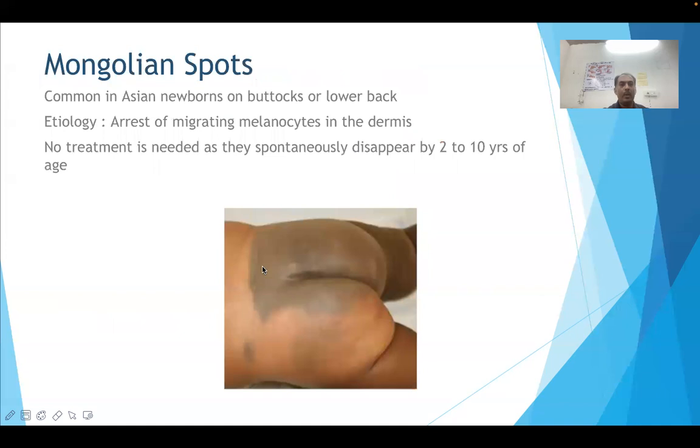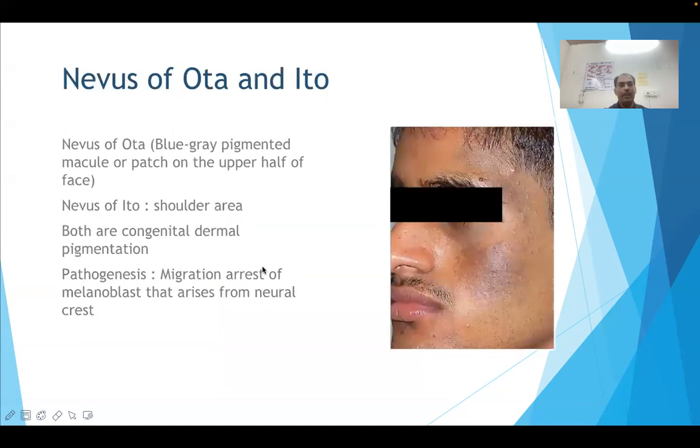A Mongolian spot is basically a pigmented blue-black lesion seen mainly over the buttocks or the lower back, and it is due to the arrest of migrating melanocytes in the dermis. No treatment is required as usually it disappears by 2 to 10 years of age.